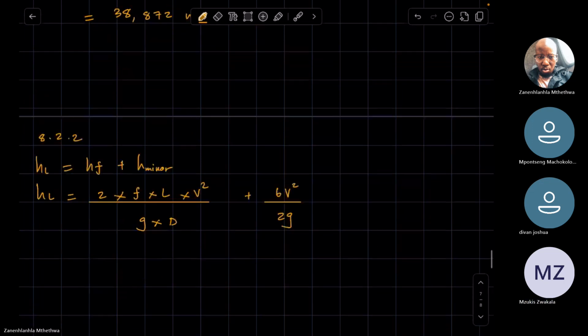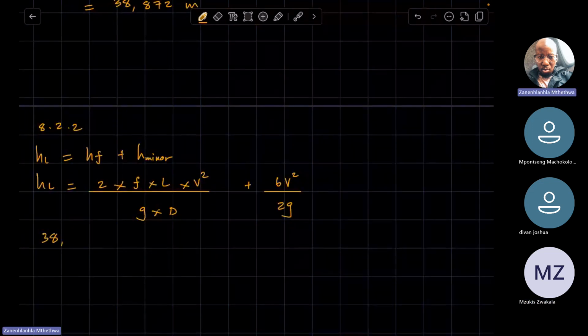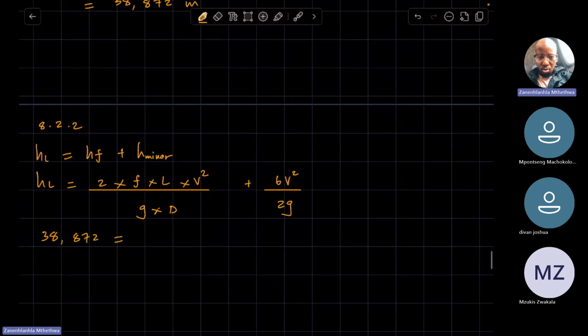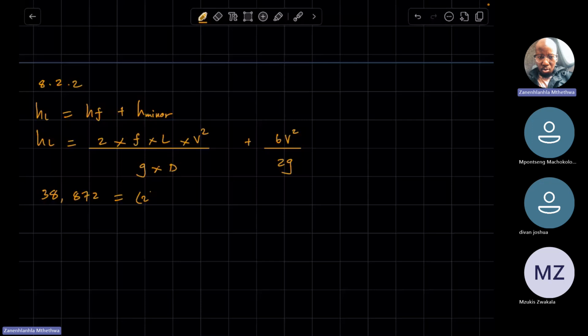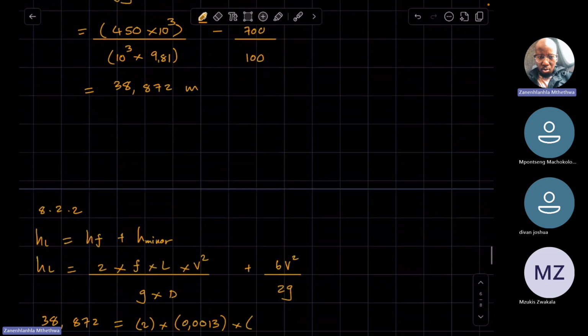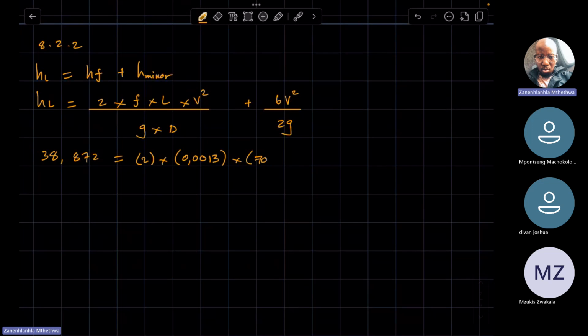right? So 38,872 is equal to, so that's 2, F is 0,0013 times the length of the pipe was 700, so 700 times V squared divided by G, which is 9,81.